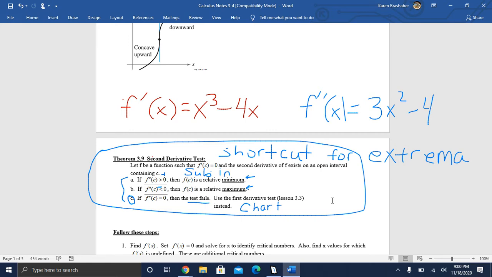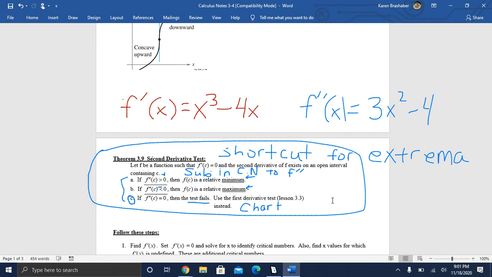You're going to sub in critical numbers to f double prime, and then looking for whether you have a positive, whether you have a negative, or whether the test fails, and instead you have to make a chart like what we did in your previous lessons, and you just took a quiz over.